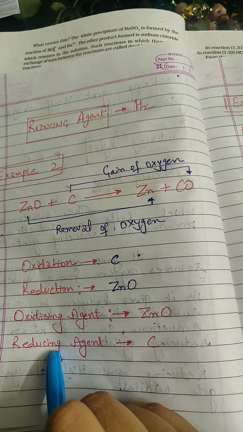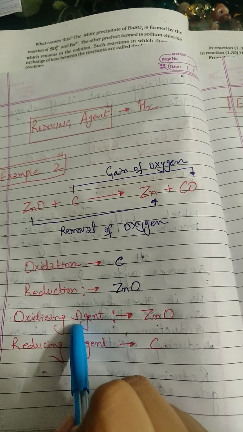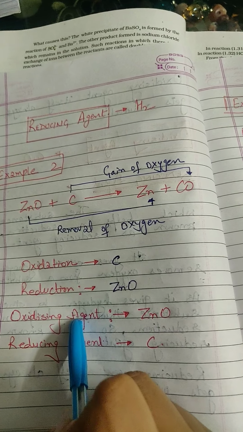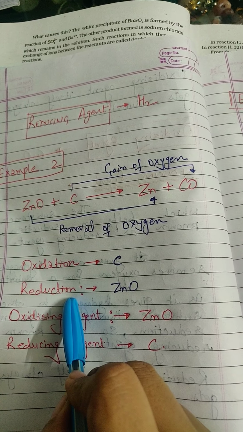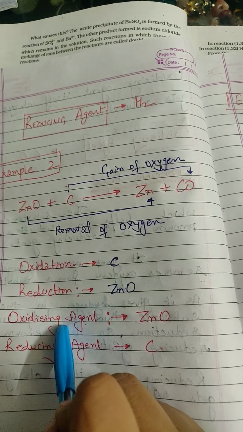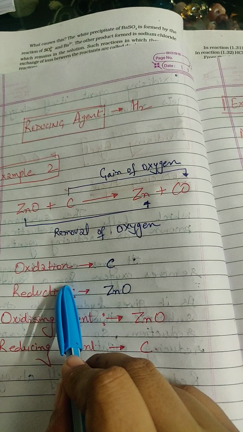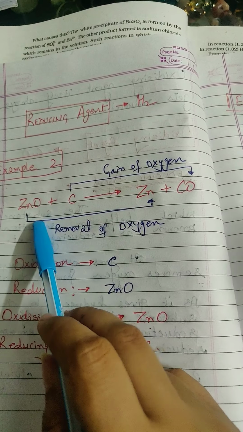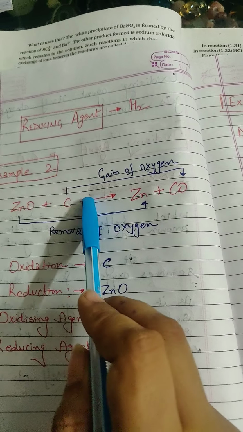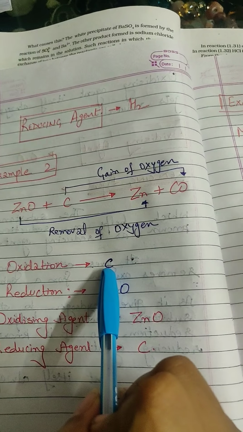In the definitions, we have learned that an oxidizing agent is that substance which itself gets reduced. So the oxidizing agent is zinc oxide as it itself gets reduced. It is losing oxygen. By losing oxygen, it is helping carbon to show oxidation.